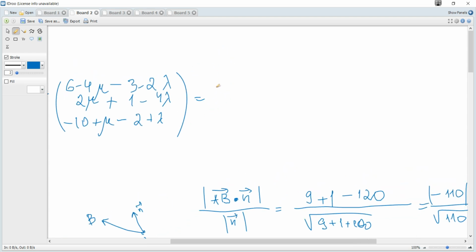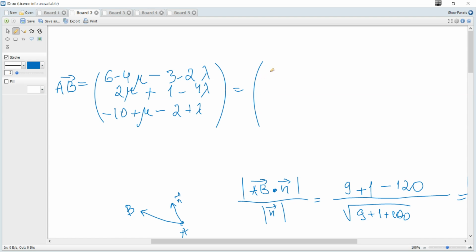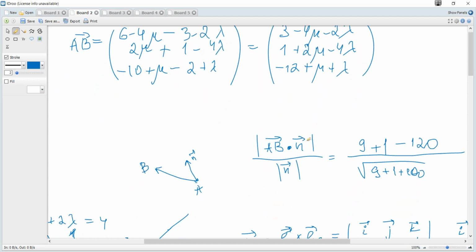And let's simplify, so it becomes 3 minus 4 mu minus 2 lambda, 1 plus 2 mu minus 4 lambda, and -12 plus mu plus lambda. And the idea is the next.